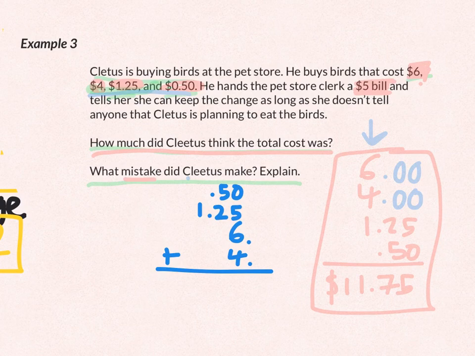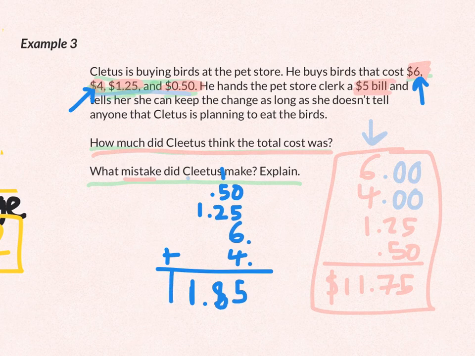So if he did it that way, he could have gotten 6 plus 4 is 10, plus 5 is 15, 5 plus 2 plus 1, so that's 7 plus 1 is 8. So he might have thought it was $1.85, right? Because if you look back here, the $6 and the $4 didn't actually have decimal places on them in the word problem, so maybe he thought of them more as 6 cents and 4 cents.